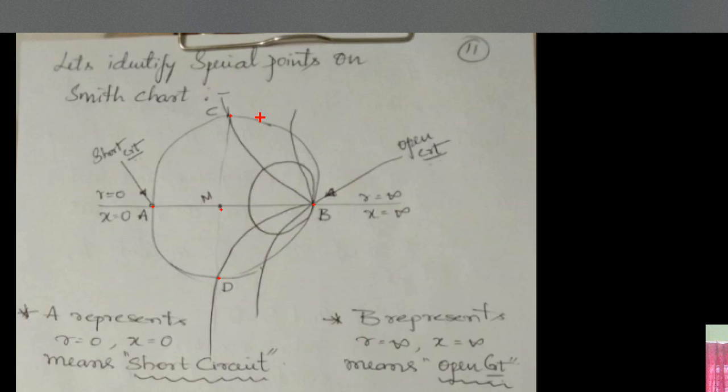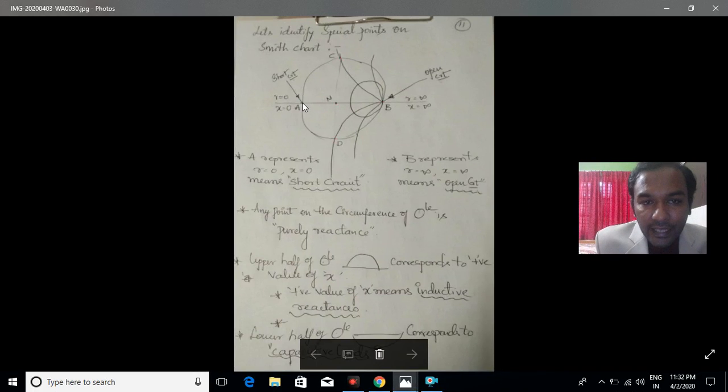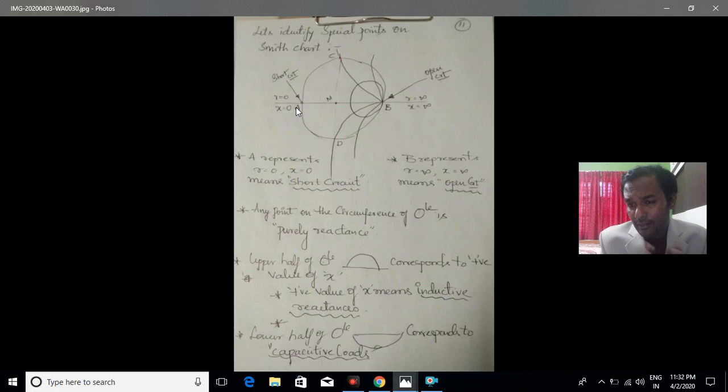Okay, so the point A here: we discussed that if I put the range of R values from 0 to infinity, X value ranges from 0 to infinity.